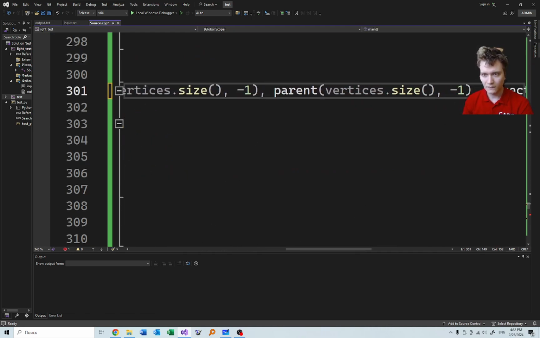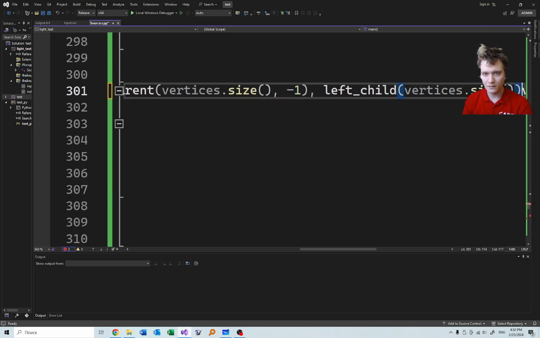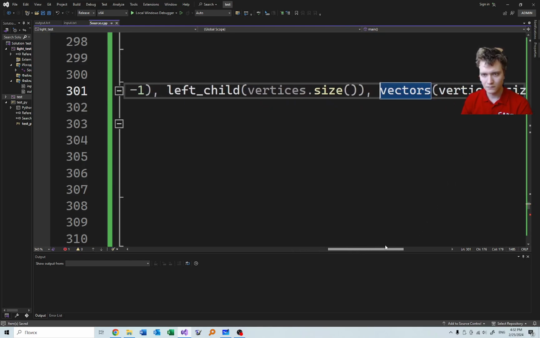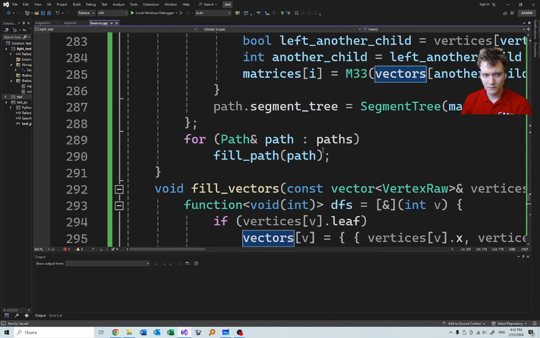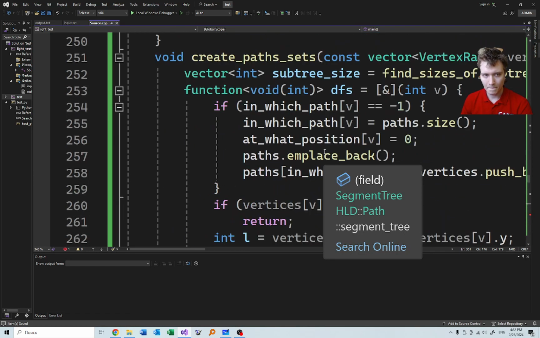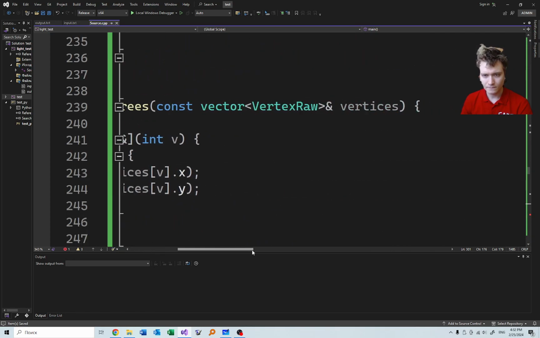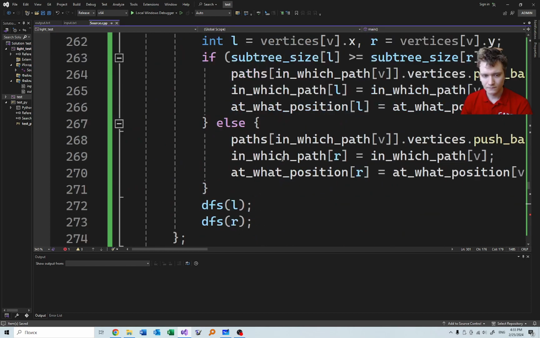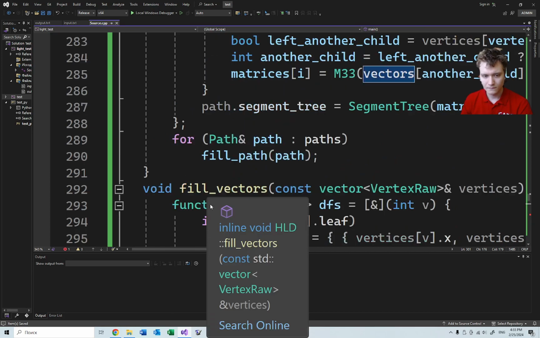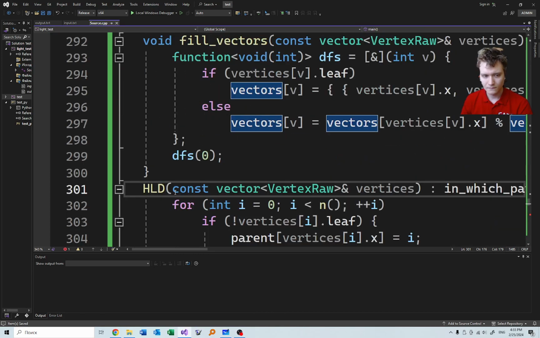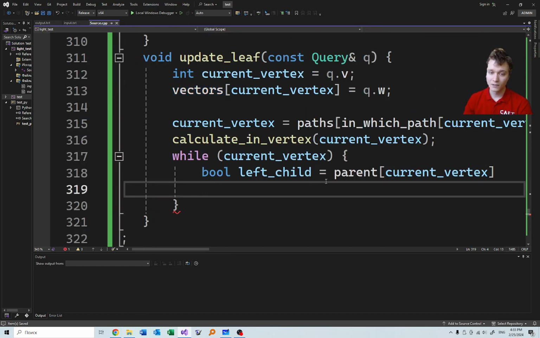Left child is right after parent. Okay. Yeah, we need to update vertex, update leaf.